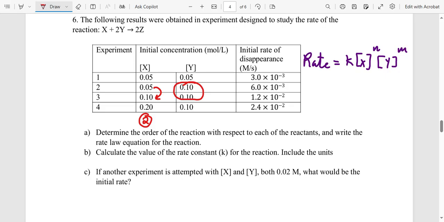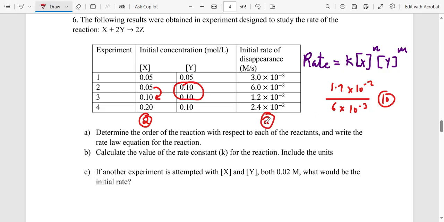So what you say is 1.2 times 10 to the power negative 2 divided by 6 times 10 to the power negative 3. 10 to the power negative 3 can go into 10 to the power negative 2 ten times. 10 times 1.2, that will be 12. 6 into 12 is 2.